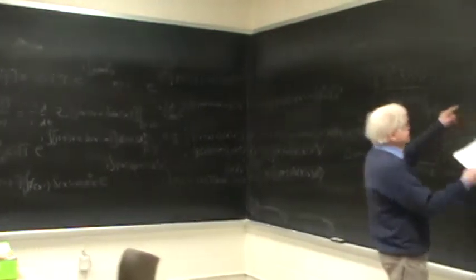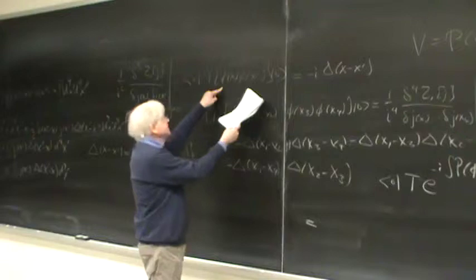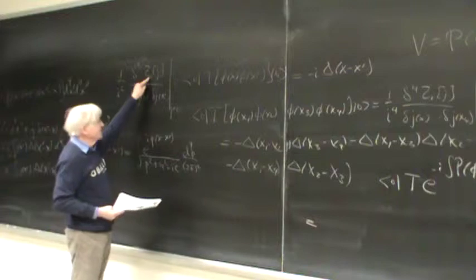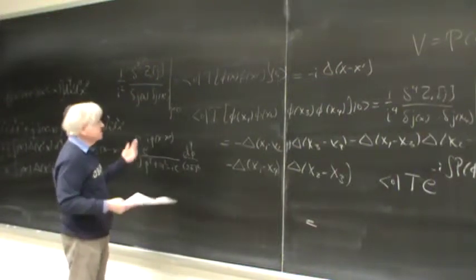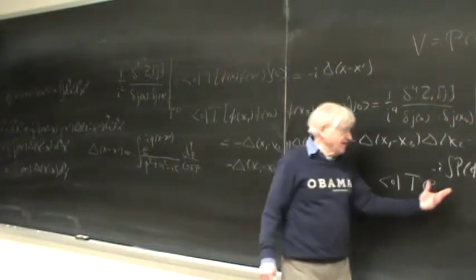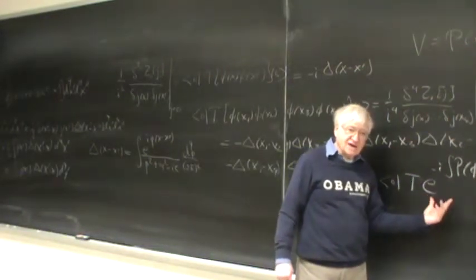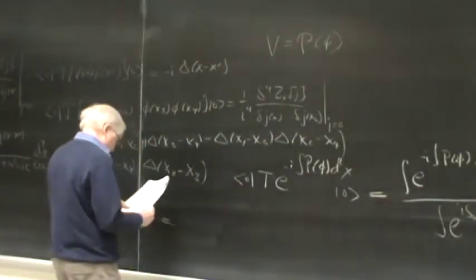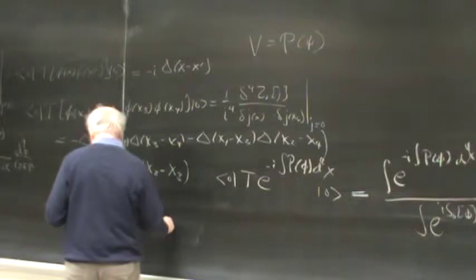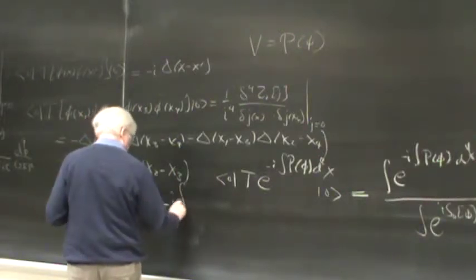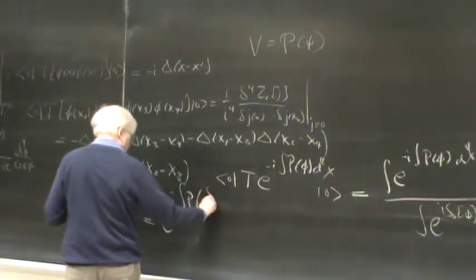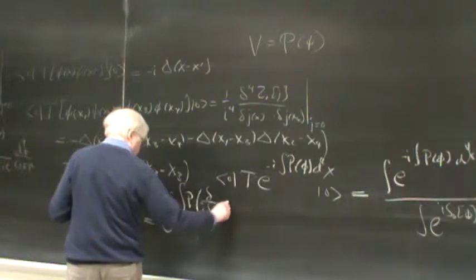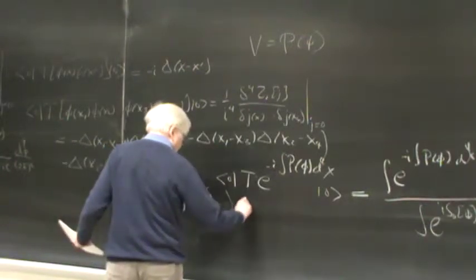Just as a time-ordered product of two fields is a double functional derivative of Z0 of J at J equals 0, so too the time-ordered product of this thing, which is almost impossibly complex, is a certain functional derivative. What is the functional derivative? Well, it is e to the minus i integral of P of the functional derivative with respect to J of x, d4x.